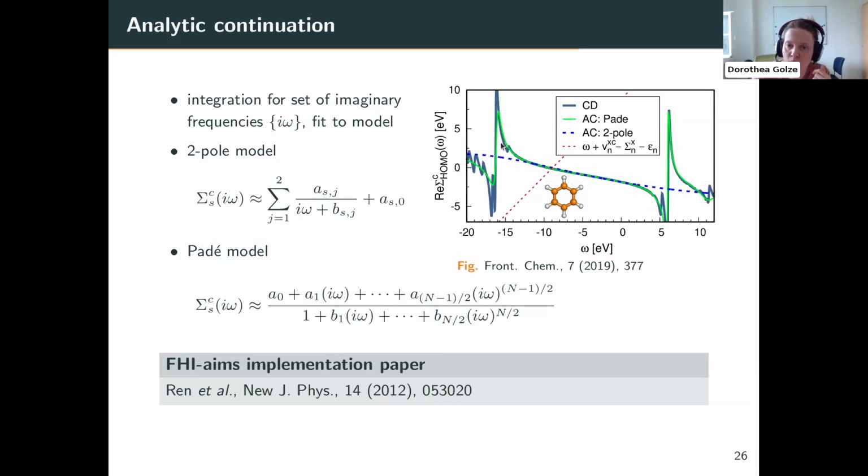You see it captures some of the pole features and averages nicely through the straighter part of the self-energy. It doesn't capture everything. The two-pole model fails to capture these poles also, but it manages, at least in this case, to somehow average through the self-energy structure. For more details, please read this paper.